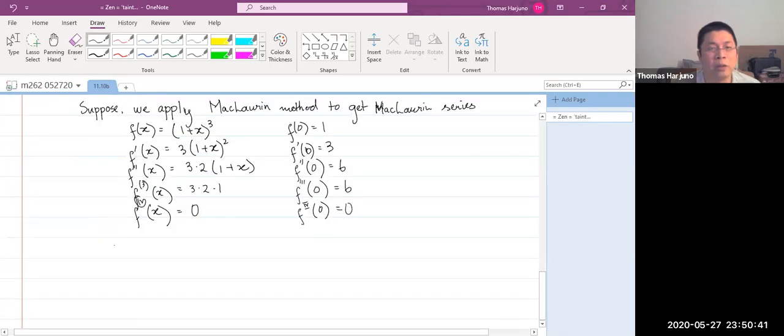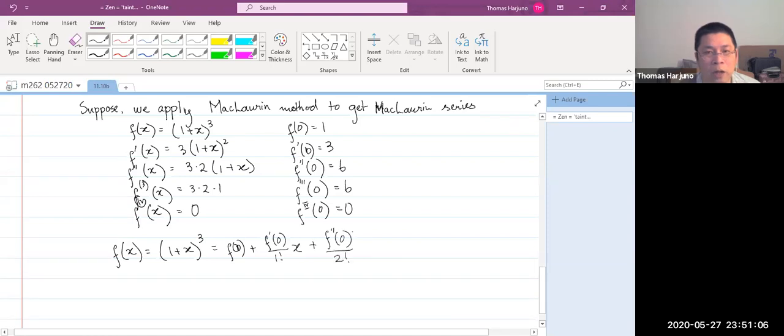Then according to the Maclaurin series, f(x), which is (1 plus x) cubed, is equal to f(0) plus f prime(0) over 1 factorial x plus f double prime at 0 over 2 factorial x squared plus f triple prime at 0 over 3 factorial x cubed plus the fourth derivative at 0 over 4 factorial x to the fourth, and on.